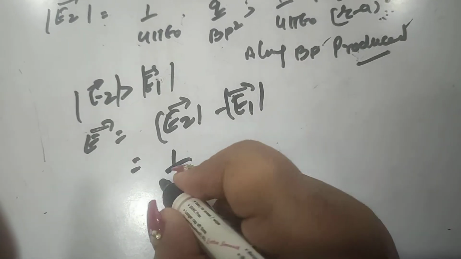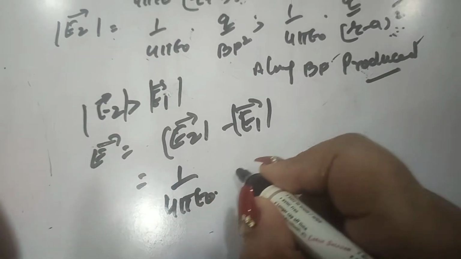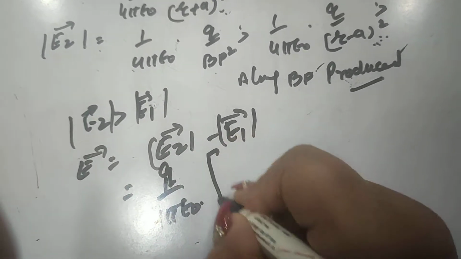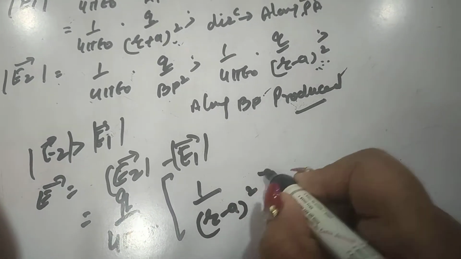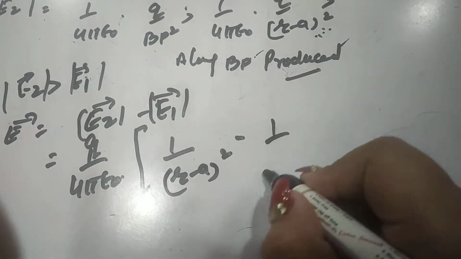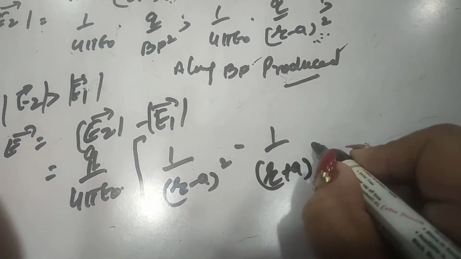So E2 is 1 upon 4 pi epsilon naught, q will be taken common. We are left with 1 upon (r minus a) whole square minus 1 upon (r plus a) whole square.